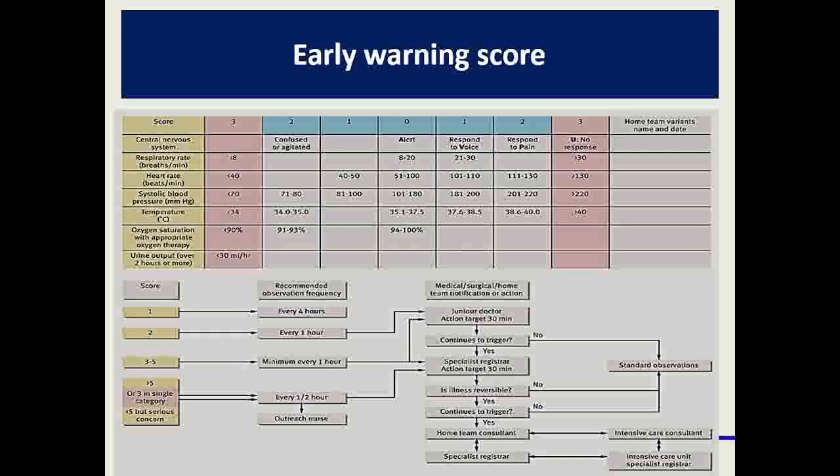Then the third step: if the patient is not improving, then again the score is rising. But if the patient is improving, you're done. You're okay. The patient can be moved back to the ward. Now, if the patient's score has gone up to 6 or more, then the senior registrar has to inform the consultant, and the consultant should know that this patient is not doing well.